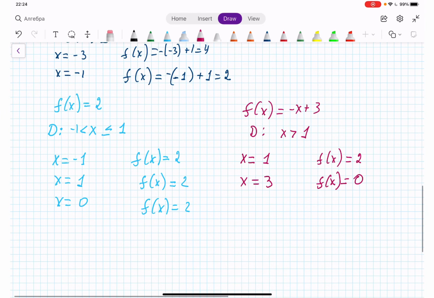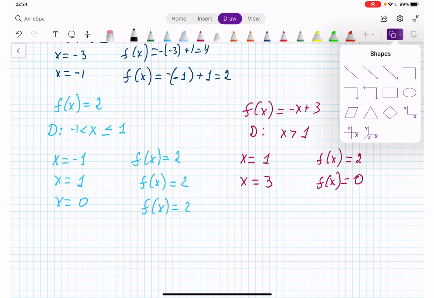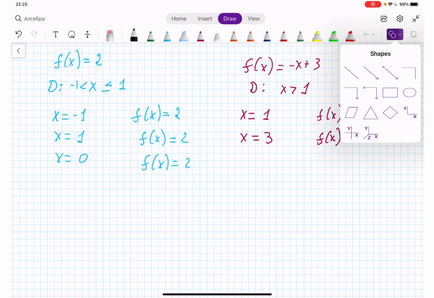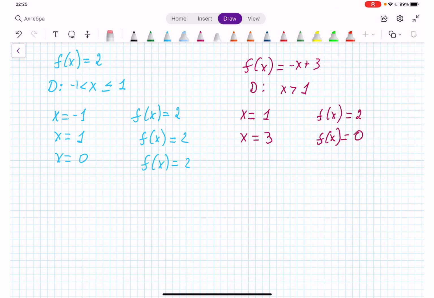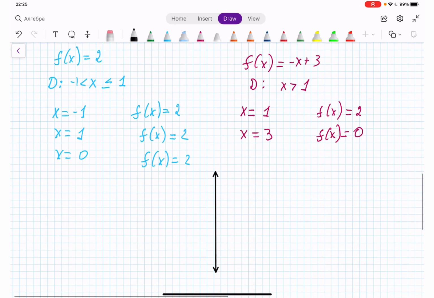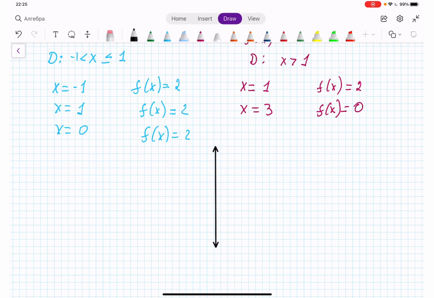Let's graph. Let's see what we're going to get here. So numbers are small, the highest number is 4, so let's see. 1, 2, 3, 4.